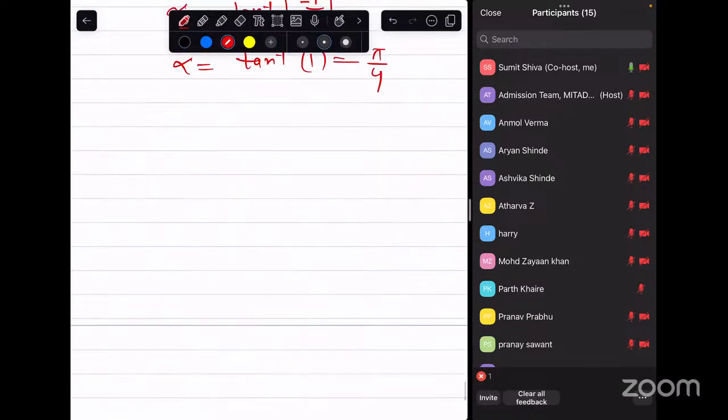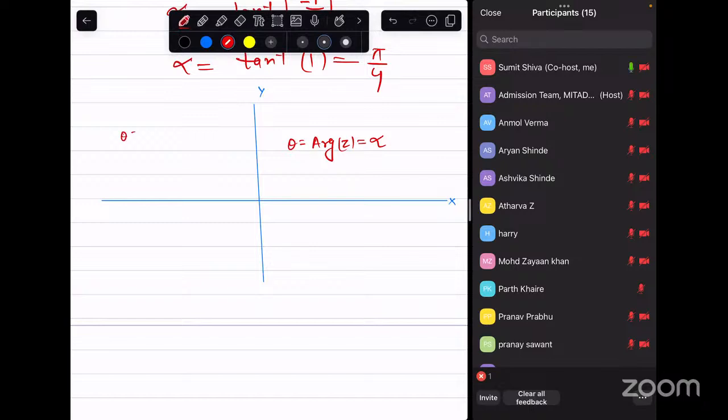Now we will look in which quadrant this complex number lies. X-axis and y-axis. If the complex number is in the first quadrant, in that case argument z, theta, will be same as alpha. If it is in the second quadrant, theta will be pi minus alpha.